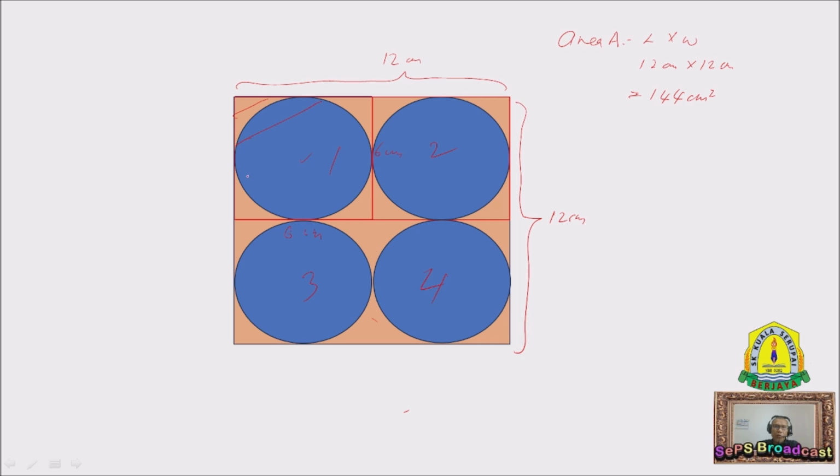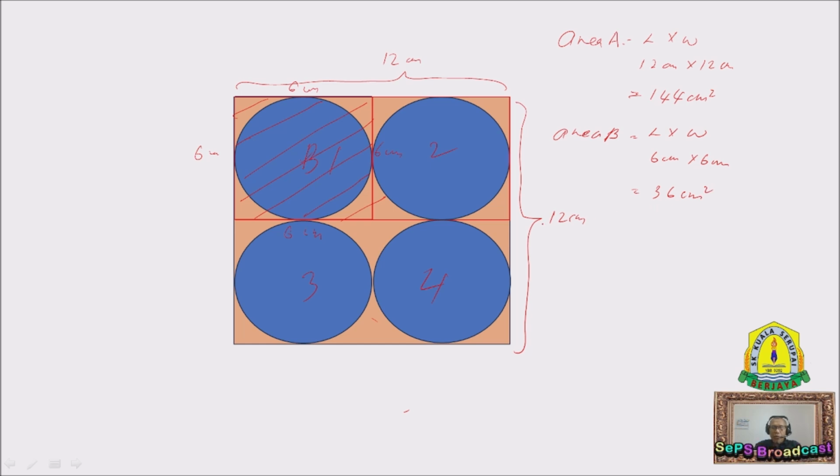Okay, but then if we reverse back, for the small square, the small square just now is 6 centimeter by 6 centimeter. Let's calculate the area of B. We consider this one as B. Area of B is the same thing, length times width, equal to 6 centimeter multiplied by 6 centimeter. It is 36 centimeter square.